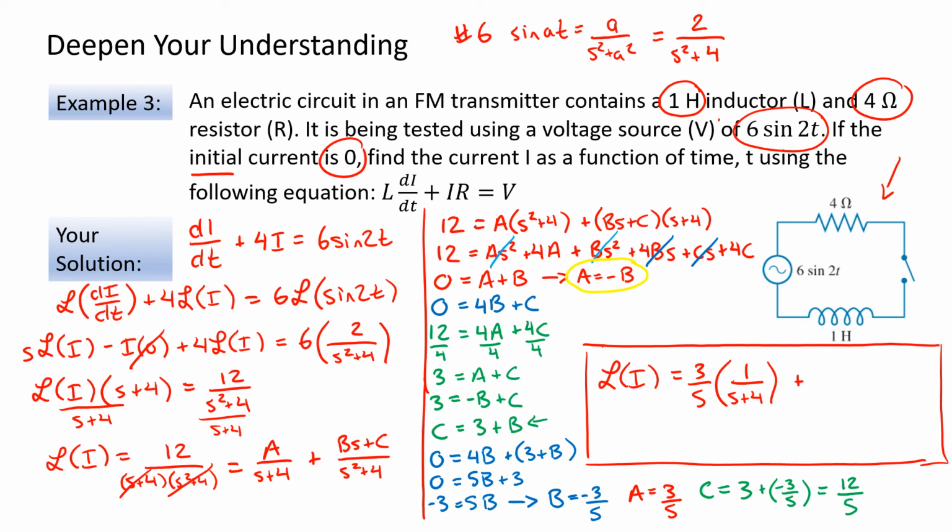Bs plus c, which is negative 3 over 5 times s. It's a terrible 5, I'm sorry. Plus c, which is plus 12 over 5. And that's divided by s squared plus 4. Okay, so I'm going to take that Laplace transform. We're going to go to a new slide, and we'll start with that to determine our final solution.